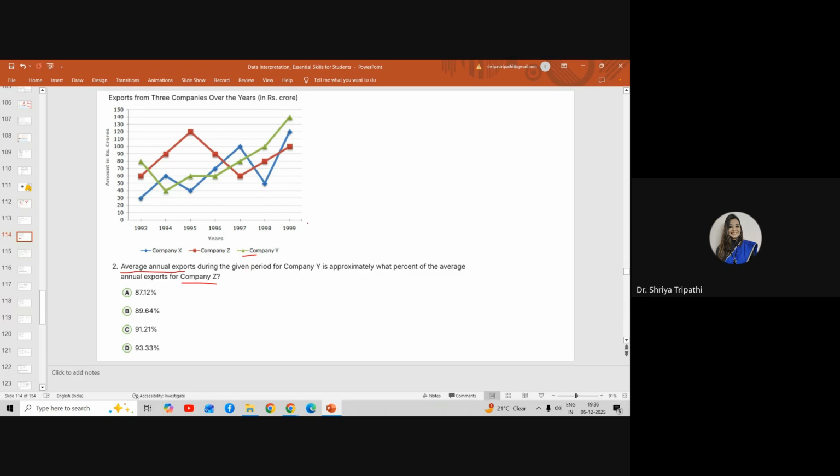From 93 to 99, for company Y, the green one, add all, is approximately what percentage of annual export for company Z, the red in color?